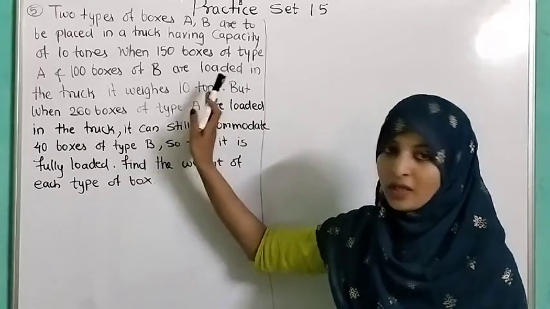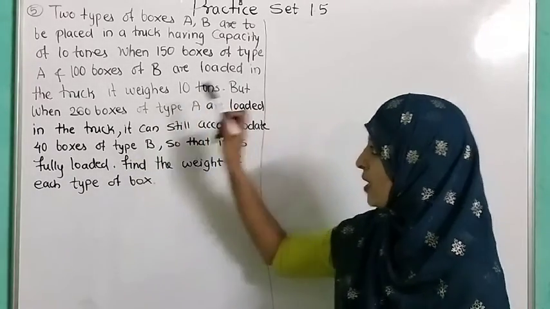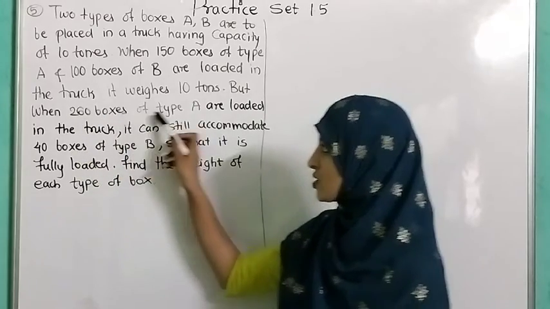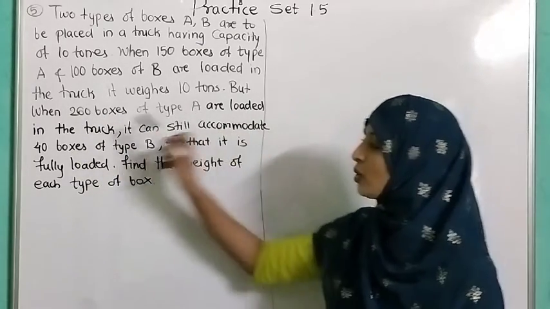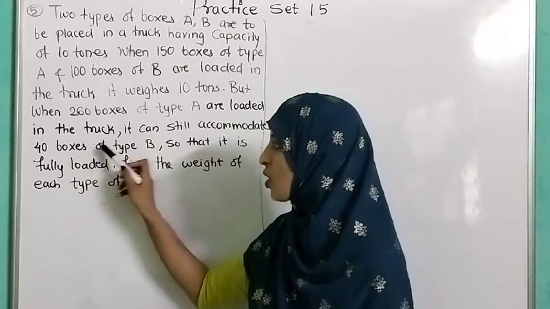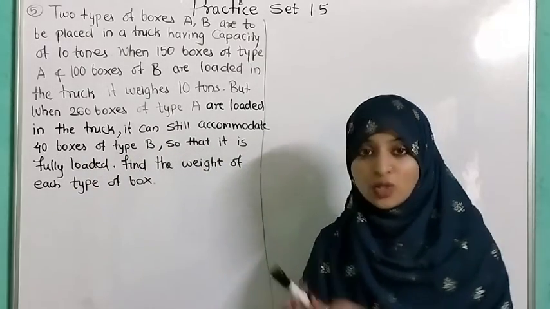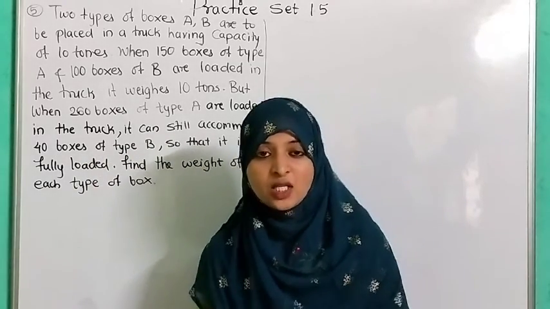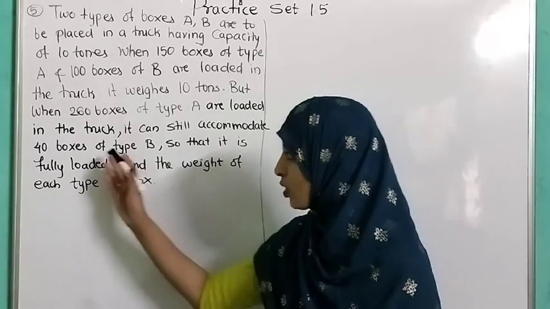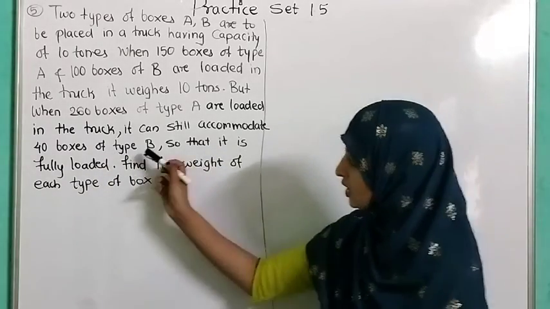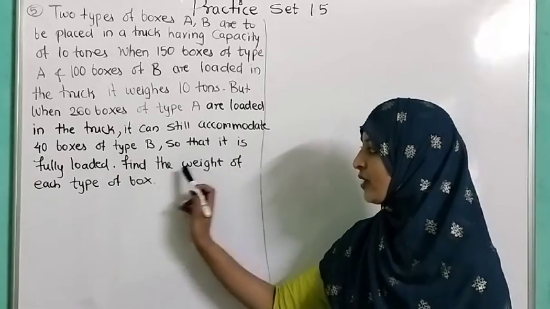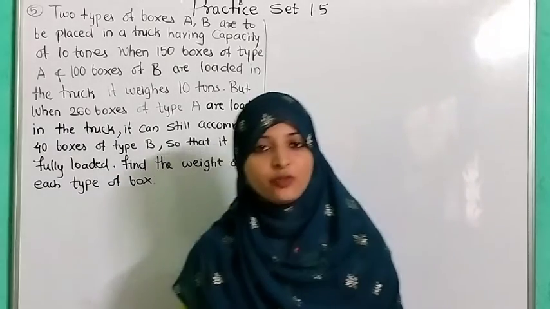Means the truck is fully loaded. But in the second situation, when 260 boxes of type A are loaded in the truck, it can still accommodate 40 boxes of type B. Then it becomes fully loaded. We have to find the weight of each type of box.